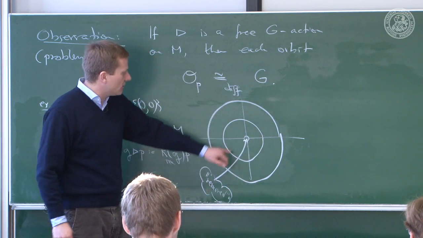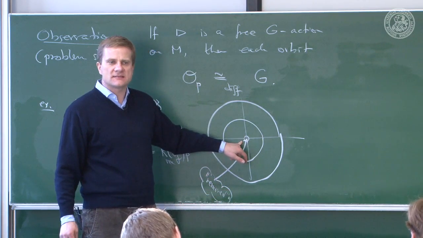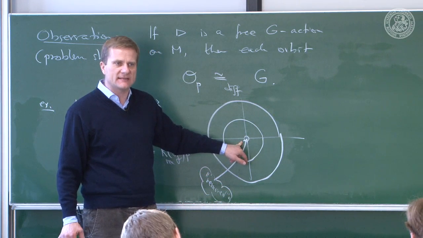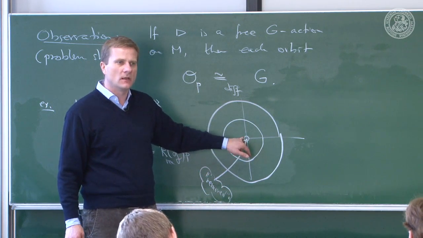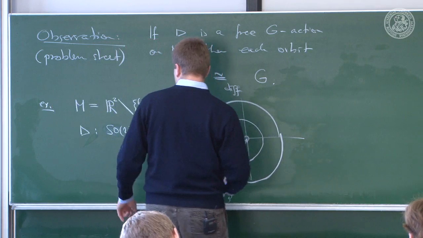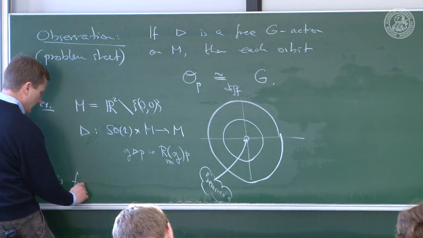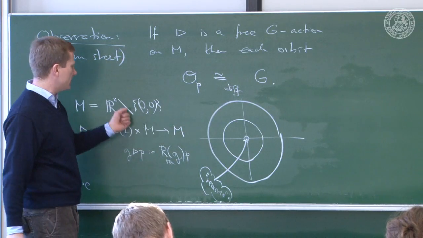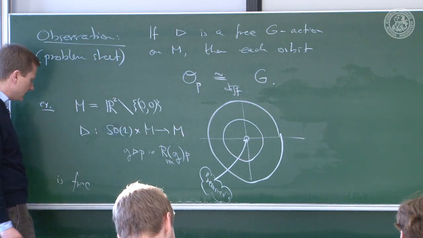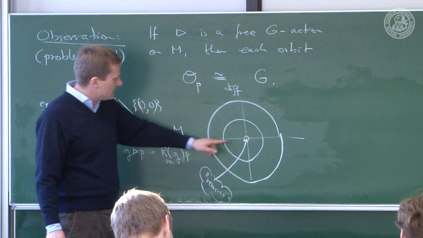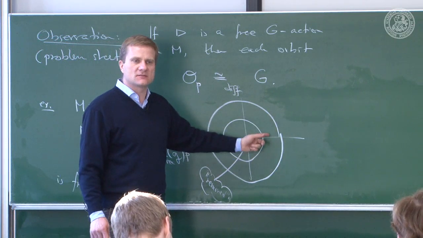The only point whose stabilizer was not the identity was this origin. So now this action is free, because for any point in there, the stabilizer is the identity. And now you see the orbits are the circles.